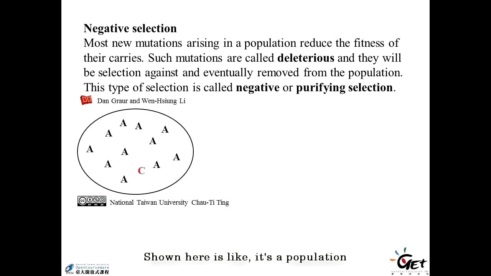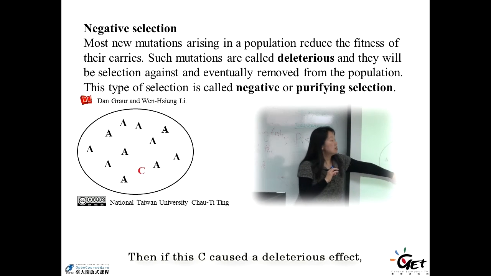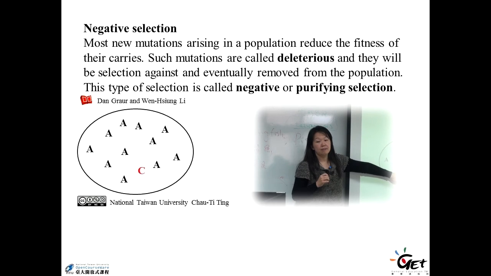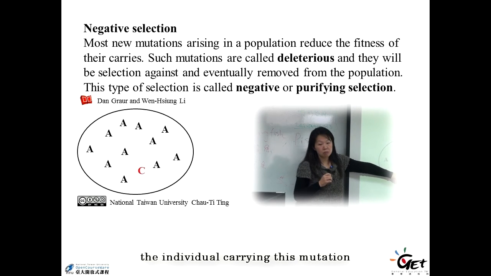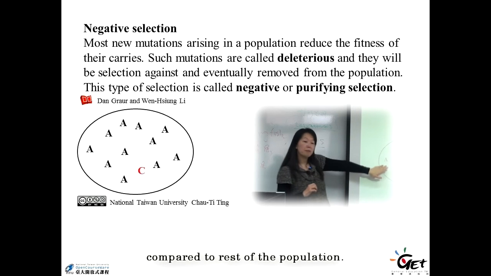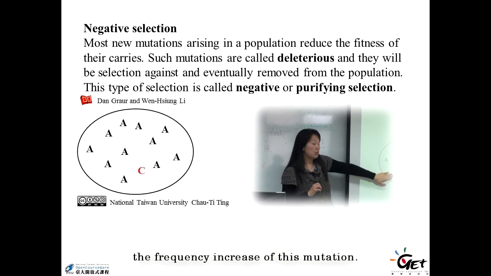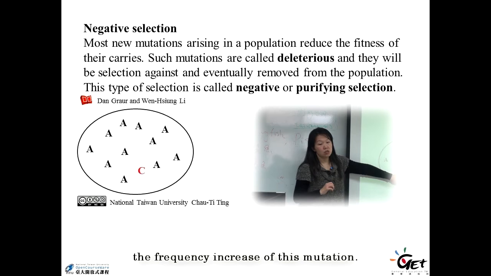Shown here is a population where everybody carries an A allele, so this is a very simplified version. Then a mutation happens from A to C. If this C causes a deleterious effect, the individual carrying this mutation shows lower fitness compared to the rest of the population, and we won't be able to see the frequency of this mutation increase.